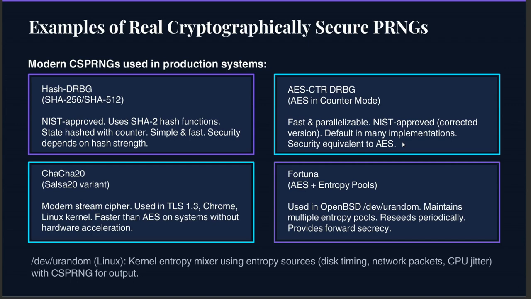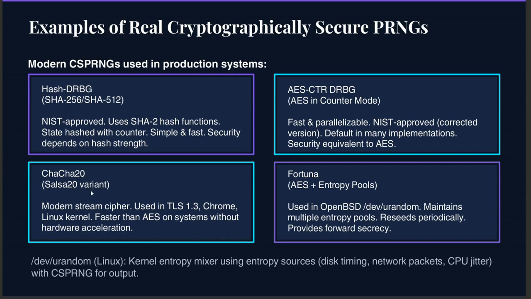Each encrypted counter block becomes pseudo-random output. Now, why is this secure? Because AES behaves like a random permutation, its output also appears random. Since AES is hardware accelerated on many processors, AES-CTR DRBG becomes extremely fast in real-world systems.